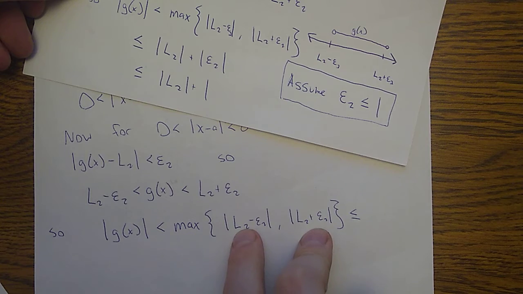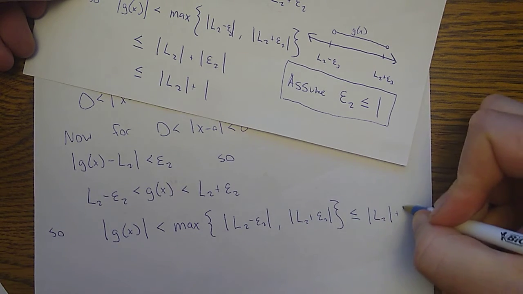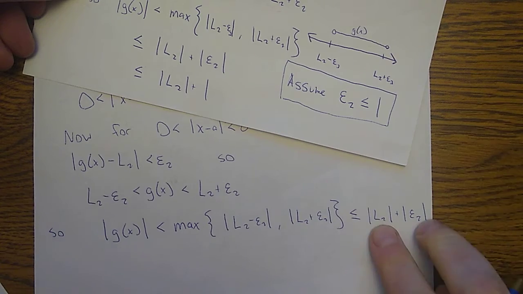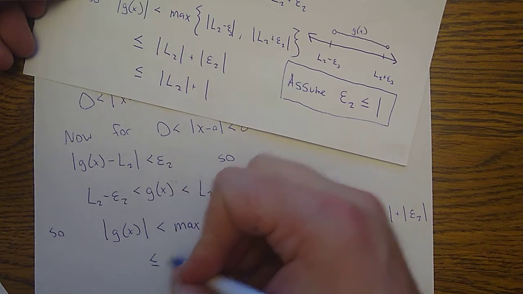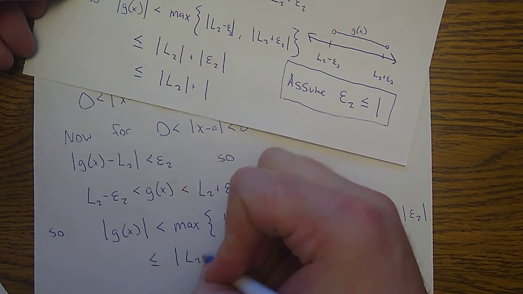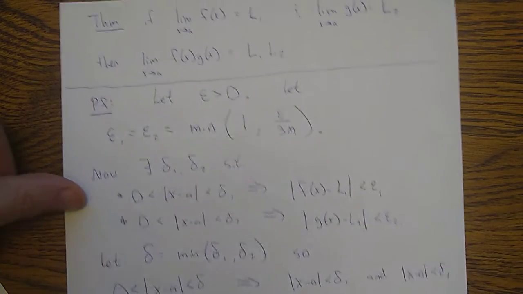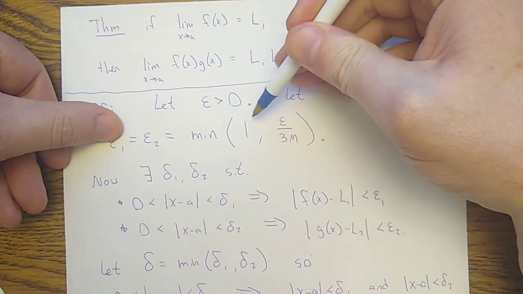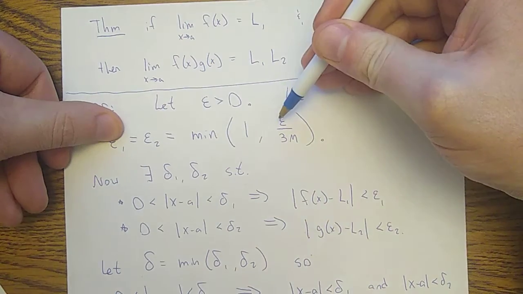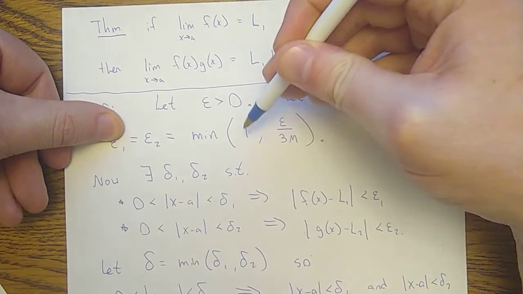And once again, we said that both of these were less than or equal to this, which is less than or equal to the absolute value of L2 plus 1, because we already said that epsilon 2 is less than or equal to 1, because epsilon 2 is the min of some things, including a 1.